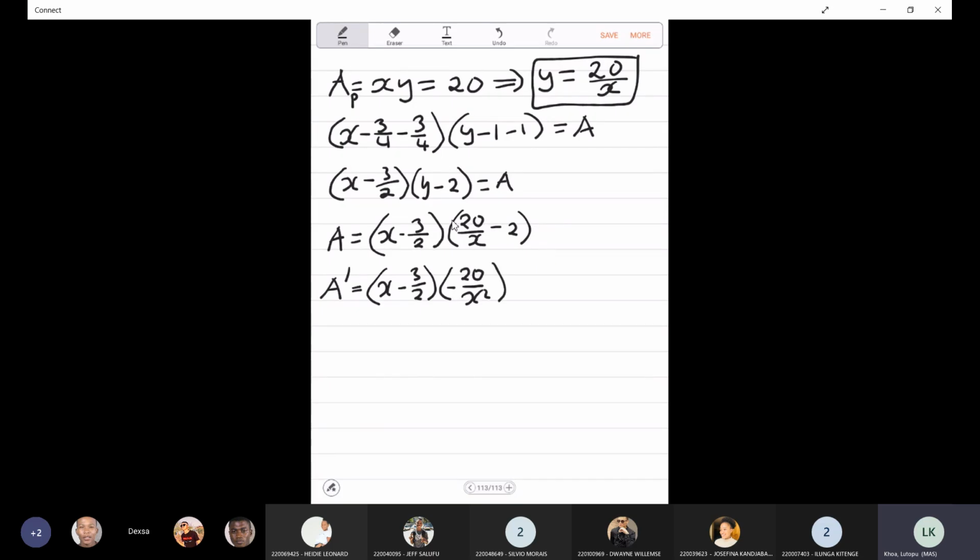And then the second bracket as it is multiplied by the derivative of the first one. The derivative of the first one is just 1. So this is just plus 20 over x minus 2. Okay, and now we would multiply out our brackets, equate to 0, and then solve.